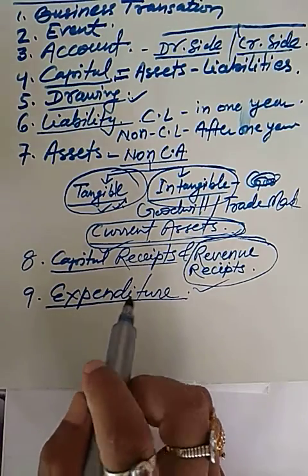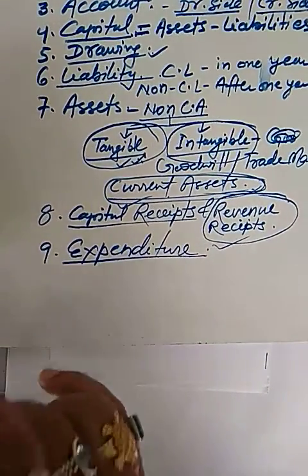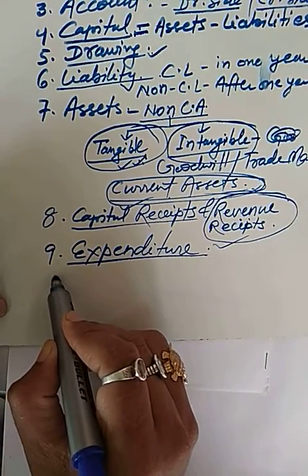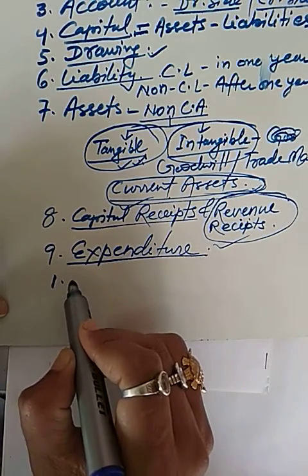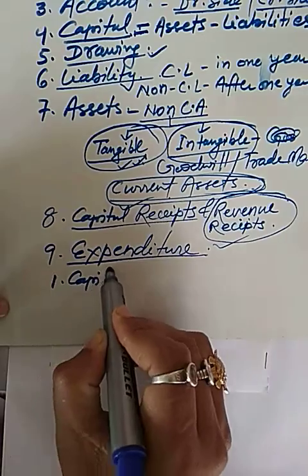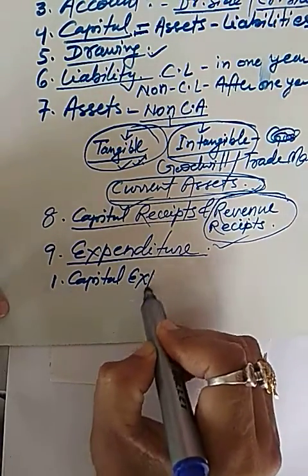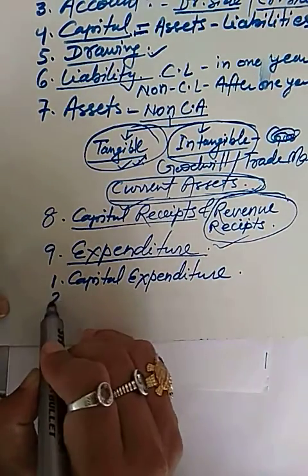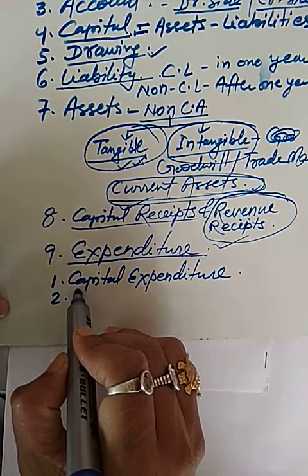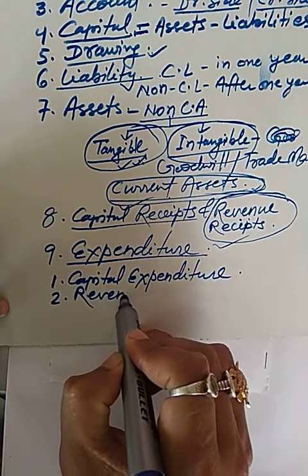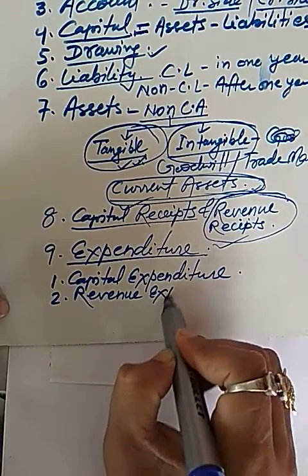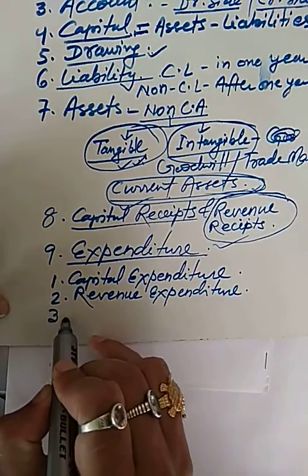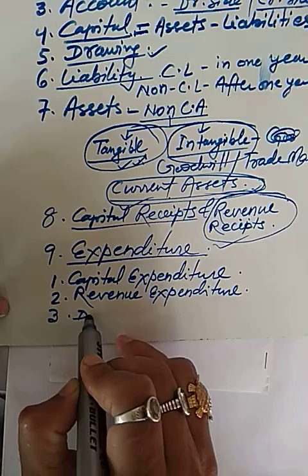There are three categories of expenditure. First is capital expenditure. Second is revenue expenditure. And third is deferred revenue expenditure.